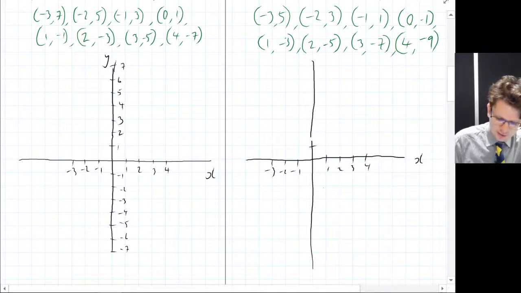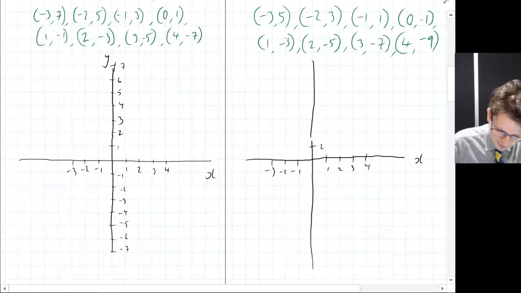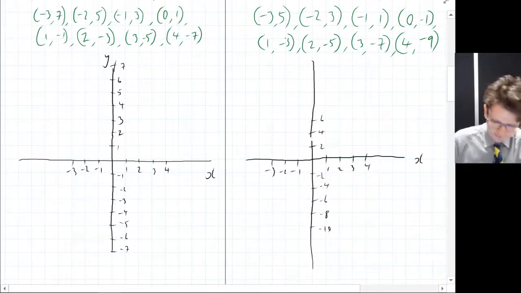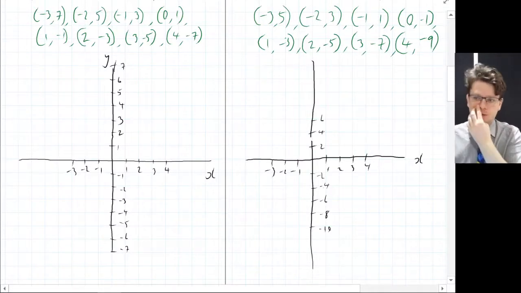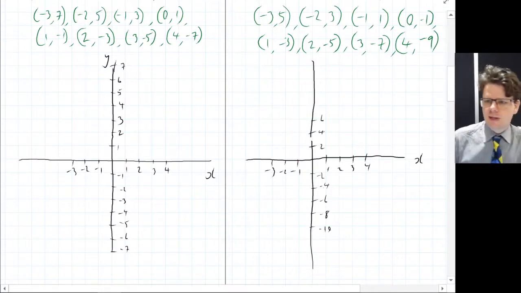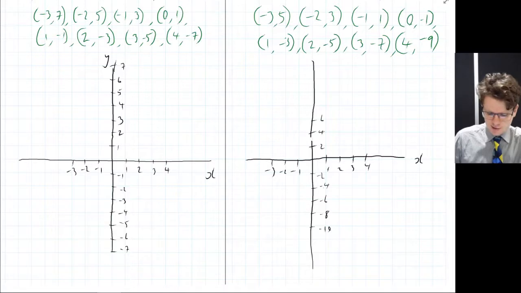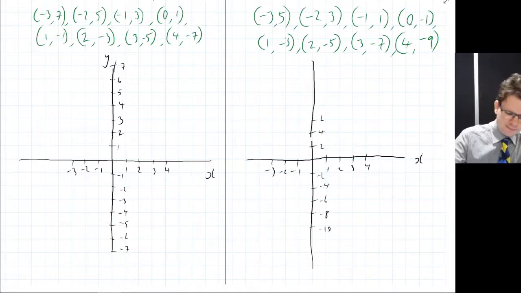I don't think I can go up in ones because I can get all the way up to 5. I might go up in 2s. 2, 4, 6, and then minus 2, minus 4, minus 6, minus 8, minus 10. Okay. Squishes it all on really nicely. If you wanted to go up in ones, you could. We're not dealing with massive numbers here.